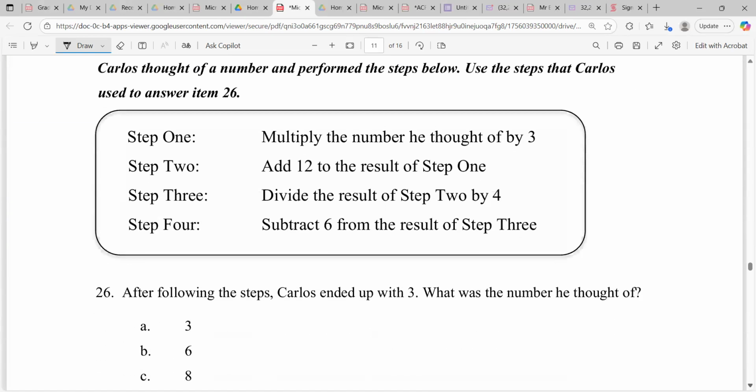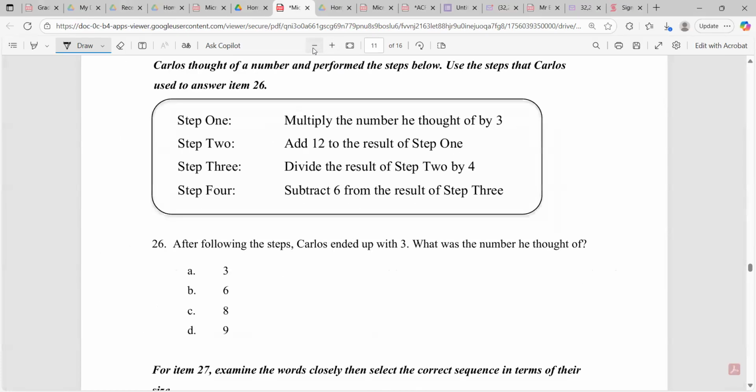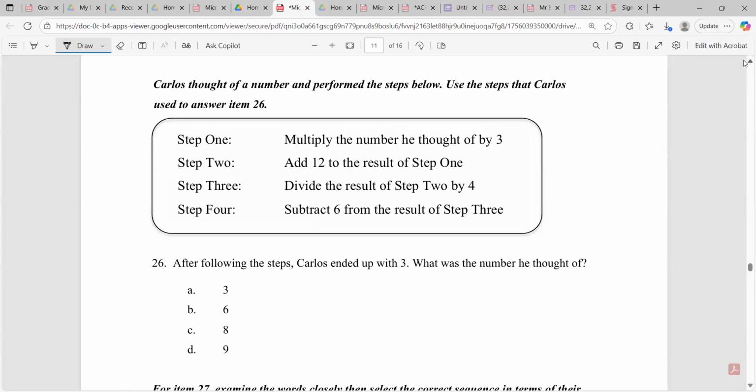This one is similar to one that we did last week as well. Have fun with this one, guys. Carlos started off with a number and performed the steps below. Use the steps that Carlos used to answer item 26. Step 1, multiply the number he thought of by 3. Step 2, add 12 to the result of step 1.